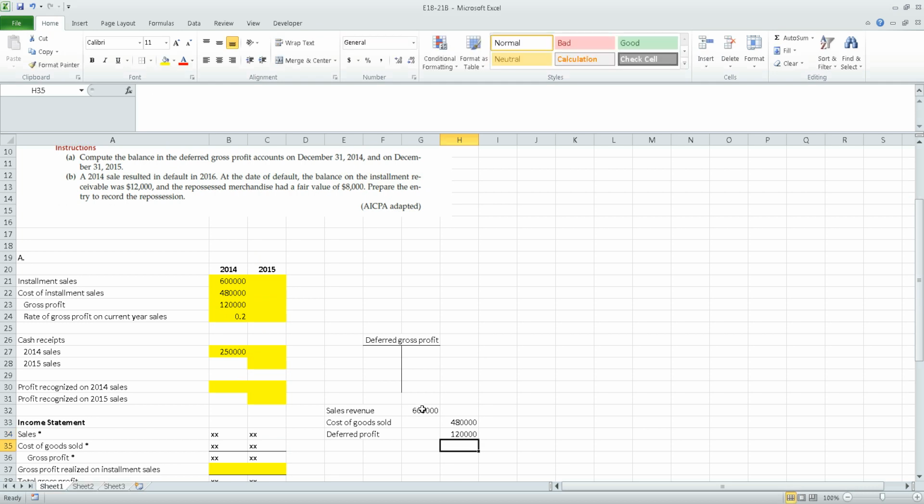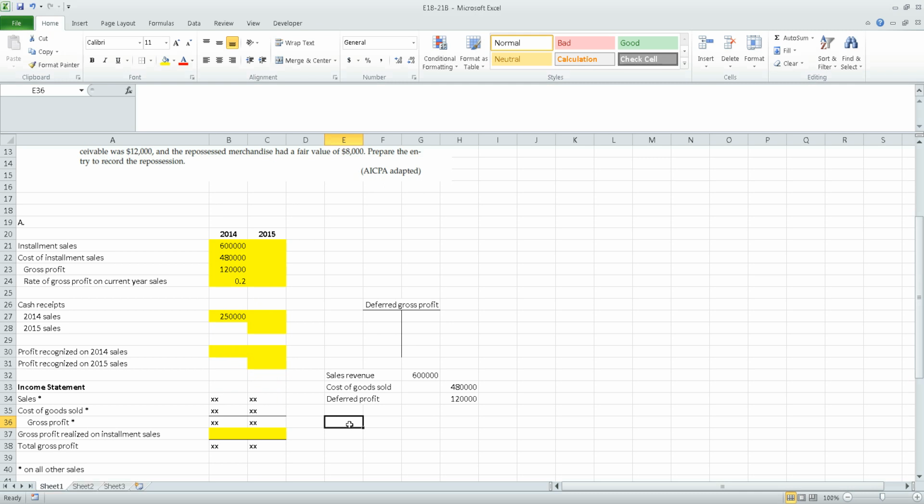So what that does is it's an undoing of the recognition of the profit on the sales and a transfer to the deferred profit account of the entire profit on the sale. Then we go back at the end of the year and prepare a second adjusting journal entry. This is the first adjusting journal entry at the end of the year.